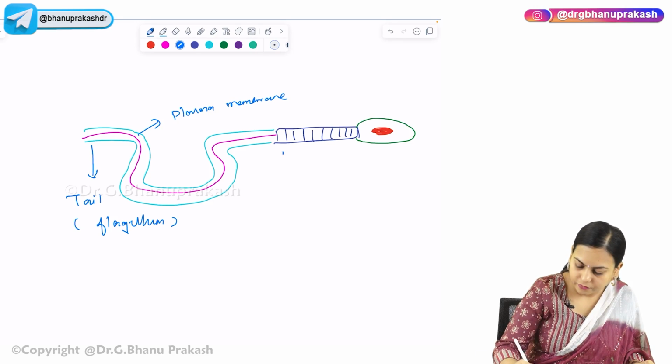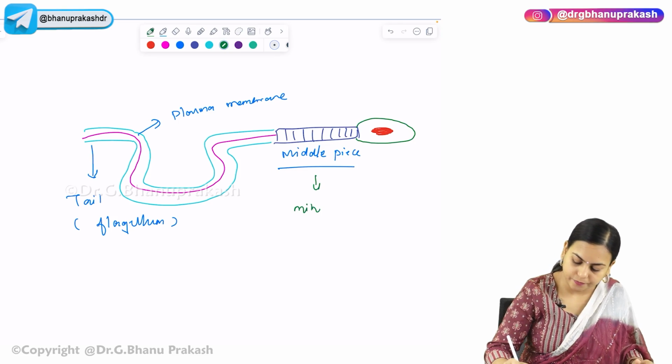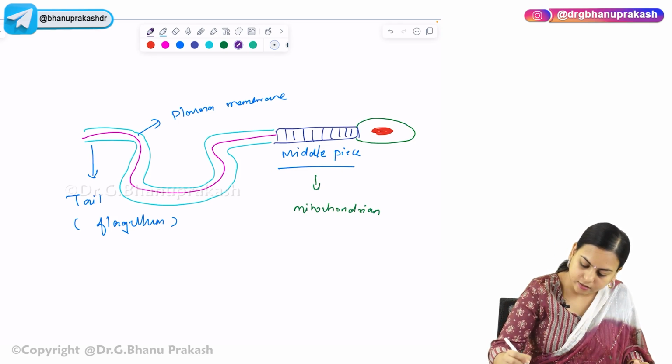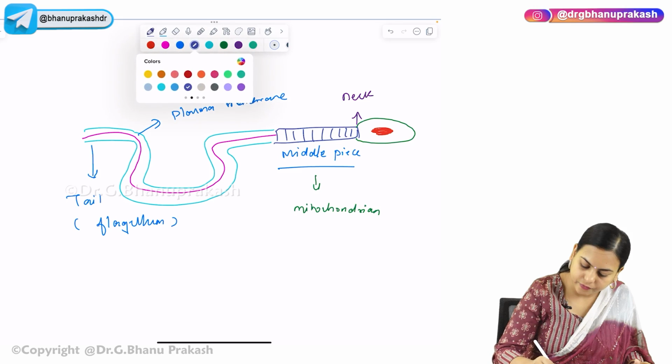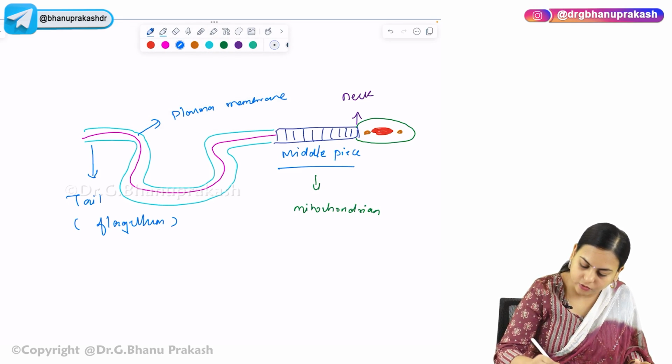You will have the middle piece. Okay, so this is the middle piece, and remember, this middle piece is nothing but the mitochondria. And this is the neck. You will also have something called centrioles over here.